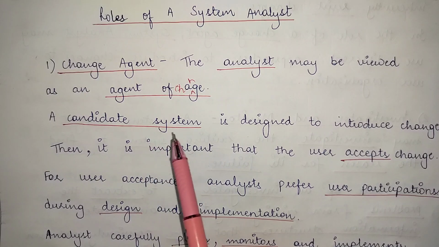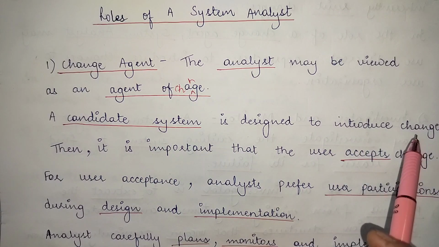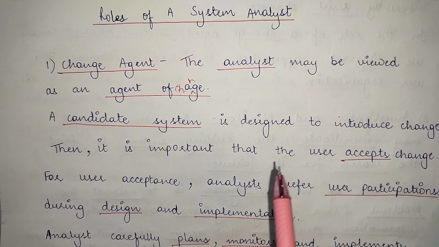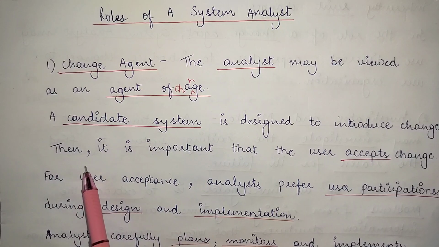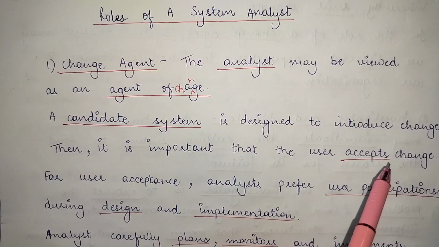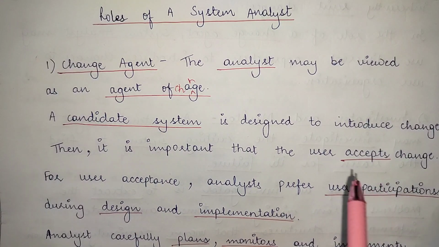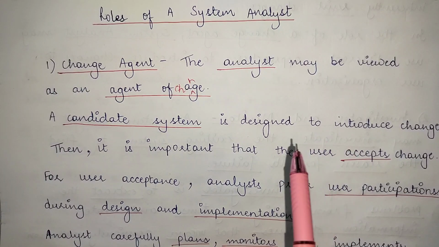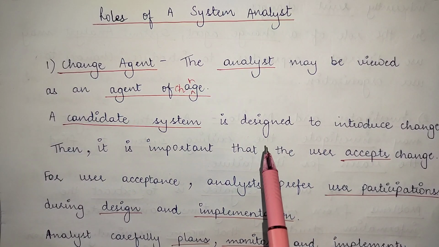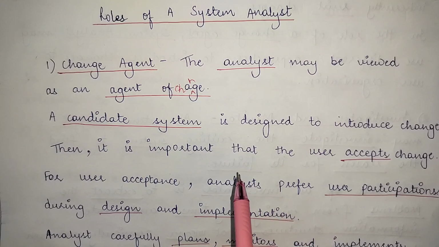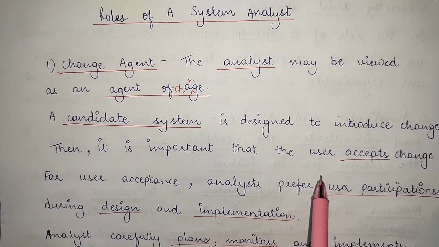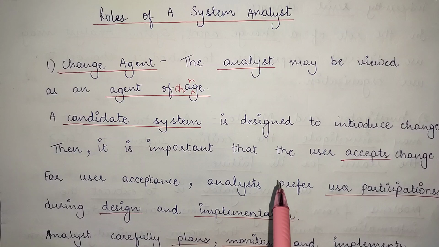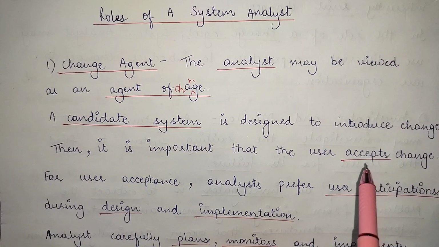So that means any candidate system introduces change in an organization. Then it is important that the user accepts change. Any new candidate system will bring changes in the organization for the reasons I just told you. But then it is also important that the users who will be using the system on a daily basis accept those changes.